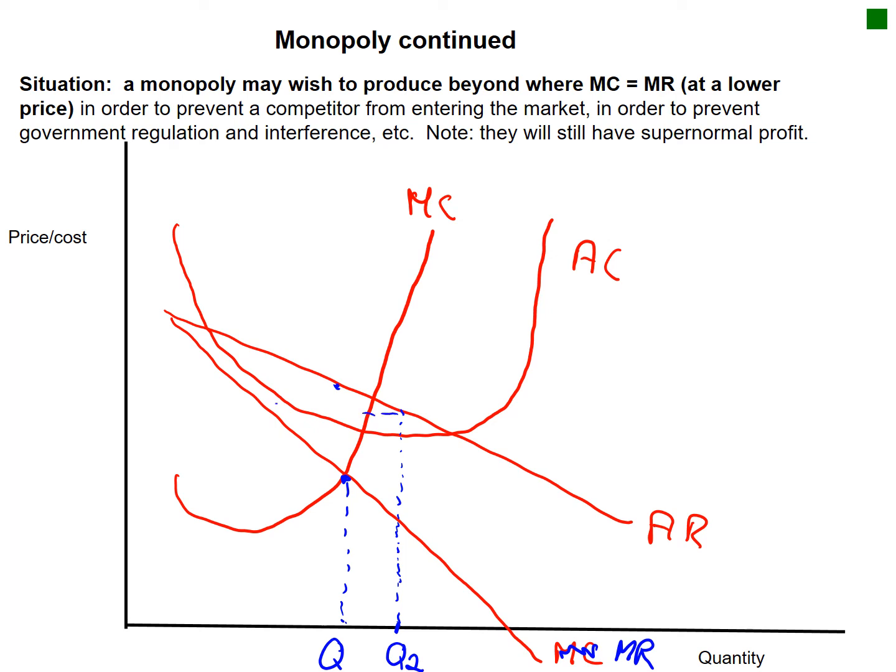We've dropped our price, bringing that over. All of that is revenue. Let's see where it intersects average cost. Bring that over. So we still have supernormal profit. It just won't be as much as at the profit maximizing position. But again, since we have monopoly power, there's no reason why we shouldn't still have supernormal profit.